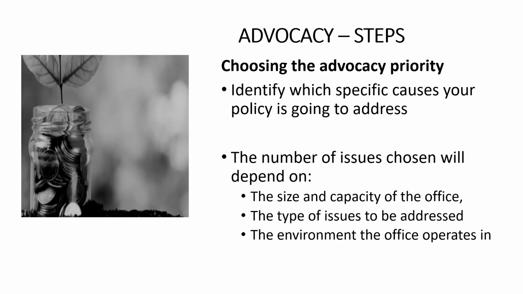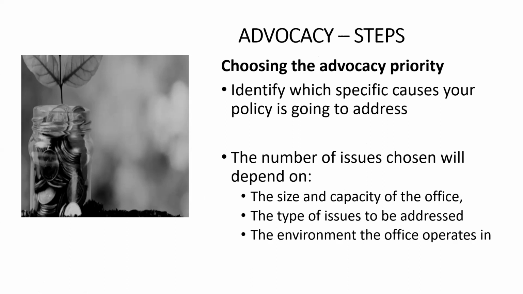So when you go about choosing your advocacy strategy, you also need to identify which specific causes you are going to address and why you're going to address them. Bear in mind that the strength of your organization will be a determining factor as well.